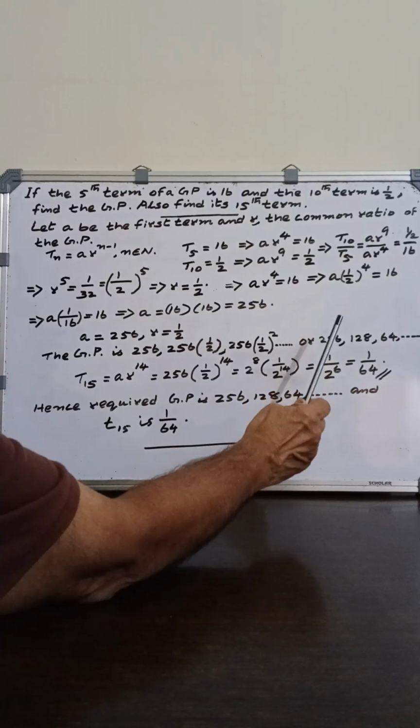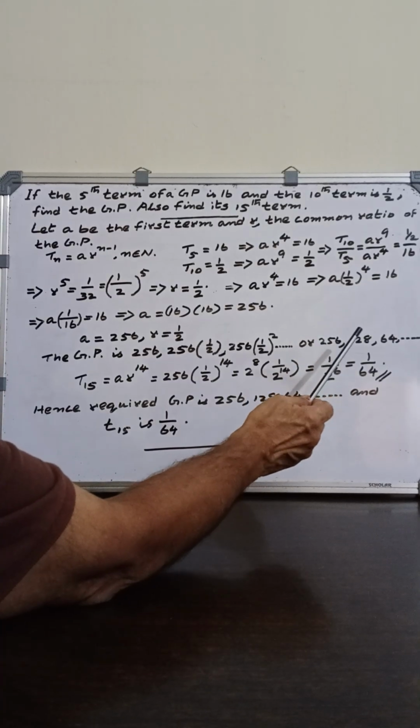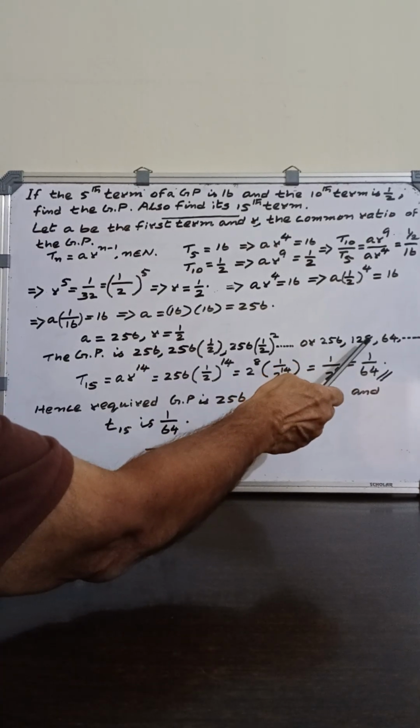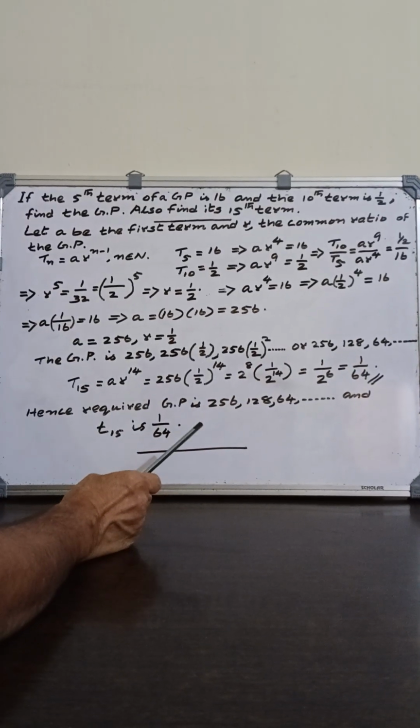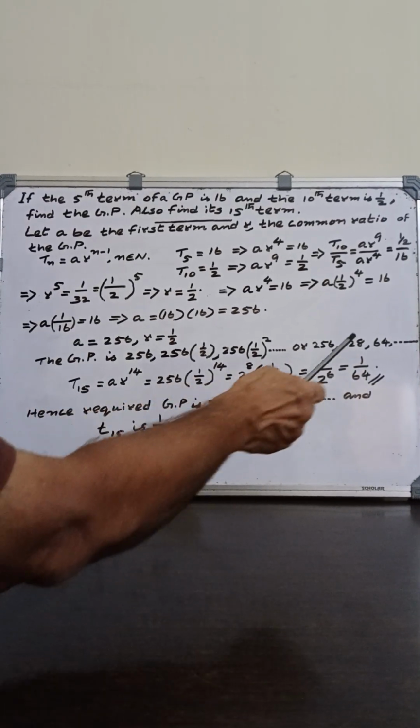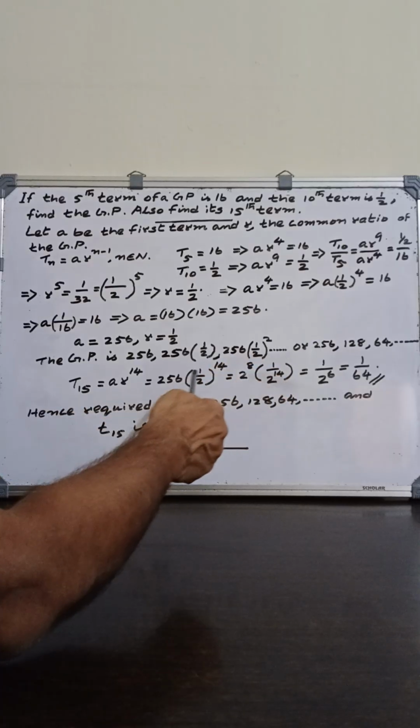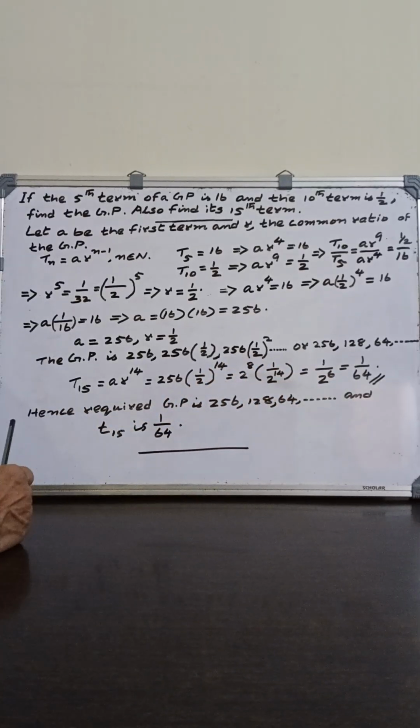Thus we traced the first three terms of the GP: 256, 128 and 64. So the GP is defined using the first three terms.